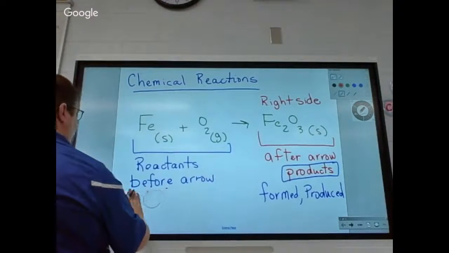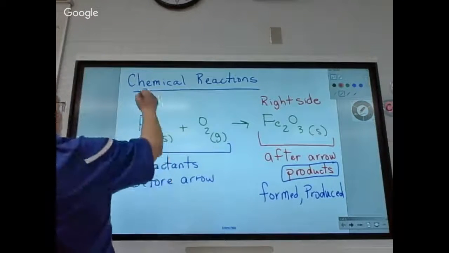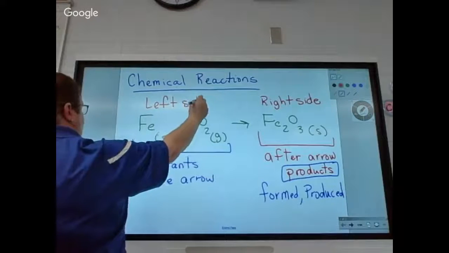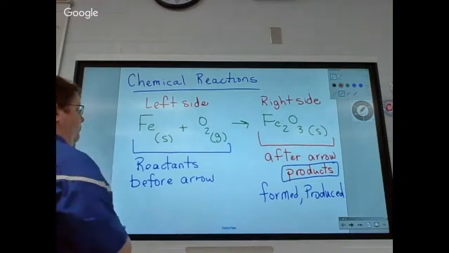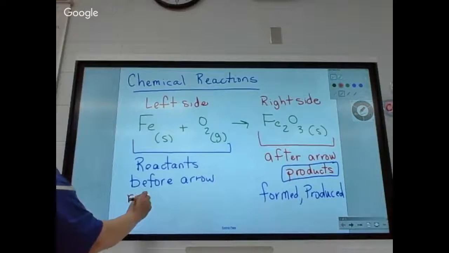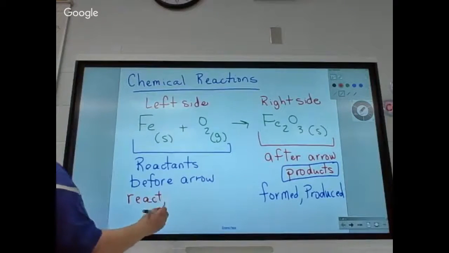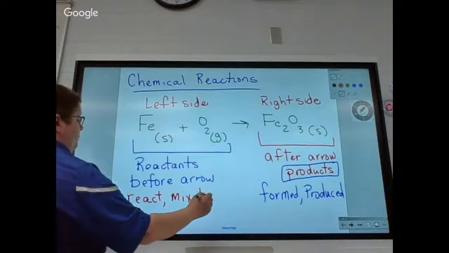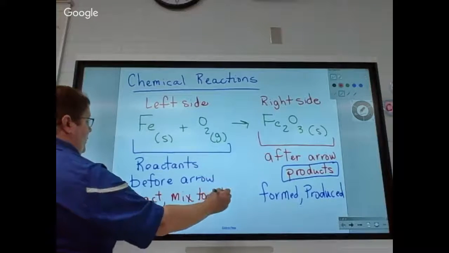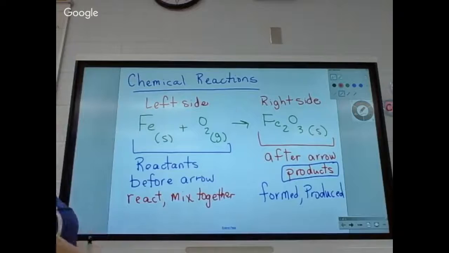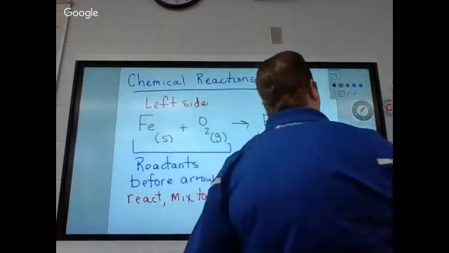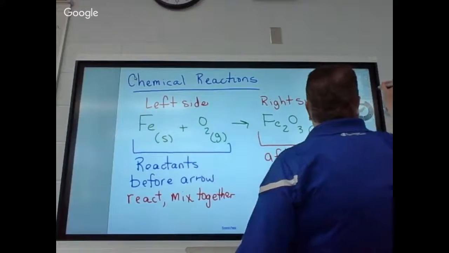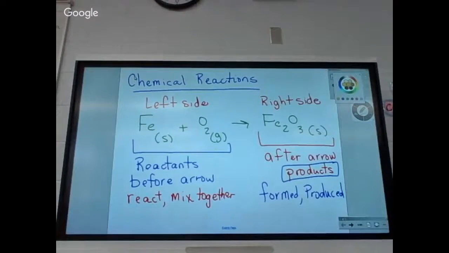Here, let me write that up there like I did on the last one. Okay? They're on the left side. These generally react or mix together. All right, there's one final thing you should have talked about or been exposed to in this reaction that's a key word you're going to see over the course of time, or that we're going to refer to.